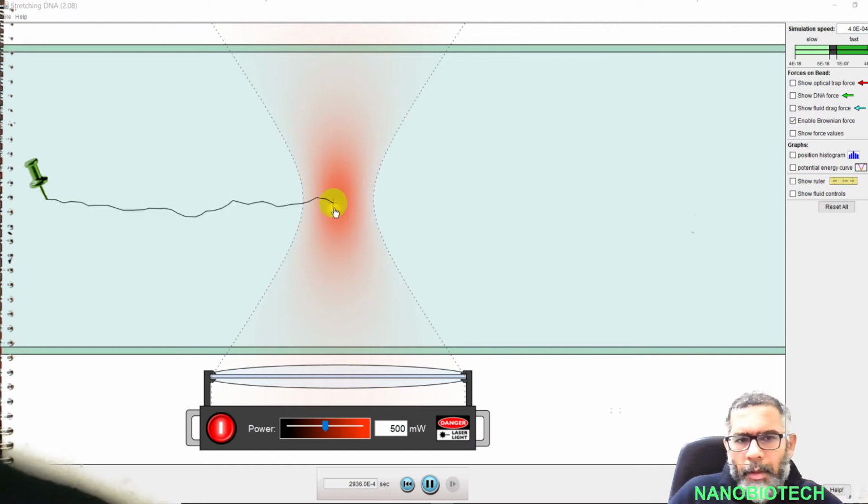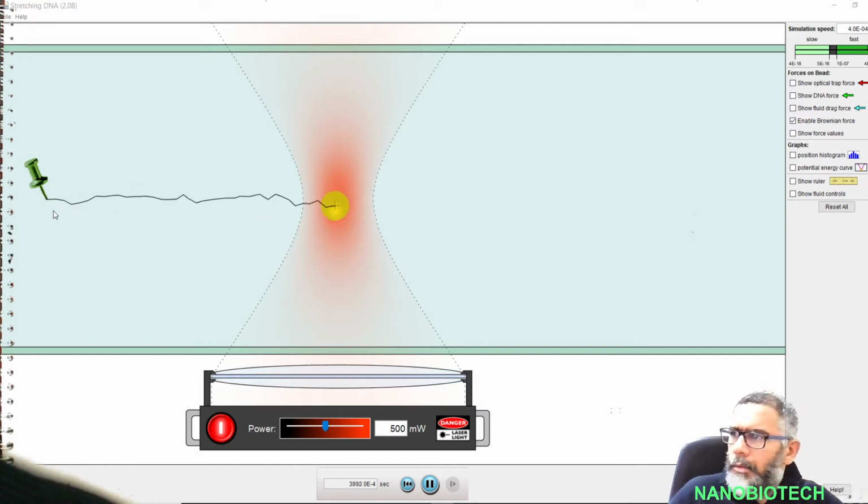You can just say that this is nothing but the DNA that we will work on. Supposing that at one end this DNA is fixed to the glass somewhere, a fixed point, there might be another optical tweezer over here.